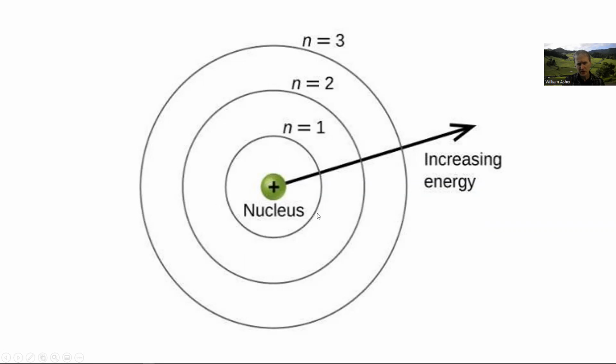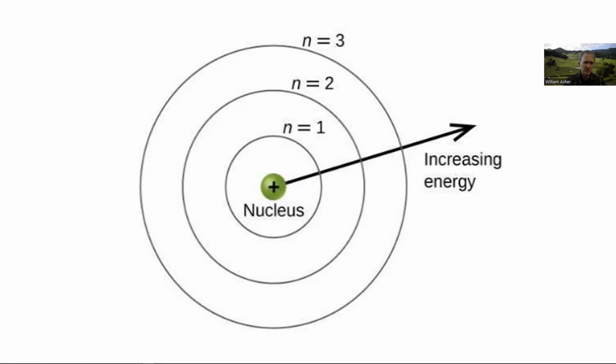The innermost shell is n equals 1, and that has some electrons in it. Then there's a shell where n equals 2, which has more electrons, and n equals 3. The structure of electrons in these shells is integrally related to why the periodic table looks like it does, and we'll go through what that means in this talk. Instead of electrons in circular orbits around the atom, you can think of them as populating shells.